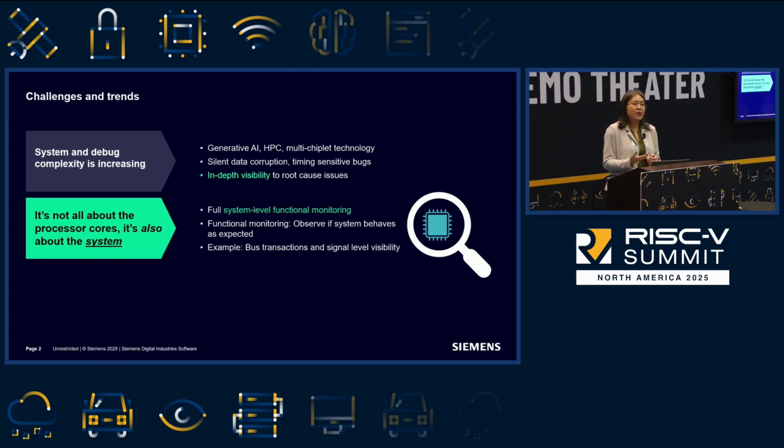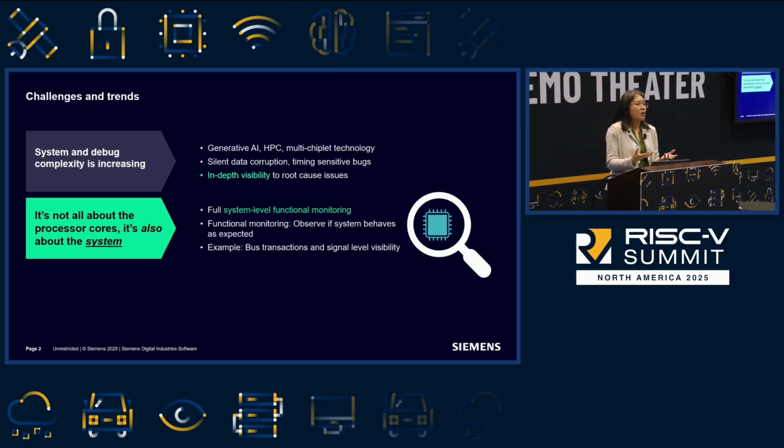But it's also important to note that it's not just about the processor core. It's also about what is happening in the different parts of the SoC itself. So this is where full system level functional monitoring can help. When I say functional monitoring, what I mean is being able to monitor or observe if the system is behaving as expected.